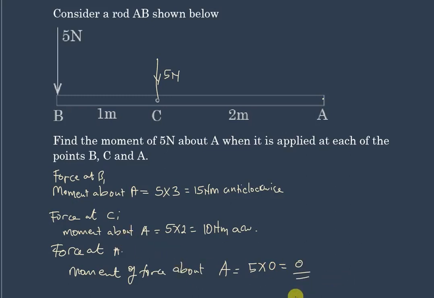And there we are. This is an indication that a force bears no moment about a point through which it is passing. So if the force passes through the point A, then it doesn't bear a moment about that point A. That's what we need to know about moments.